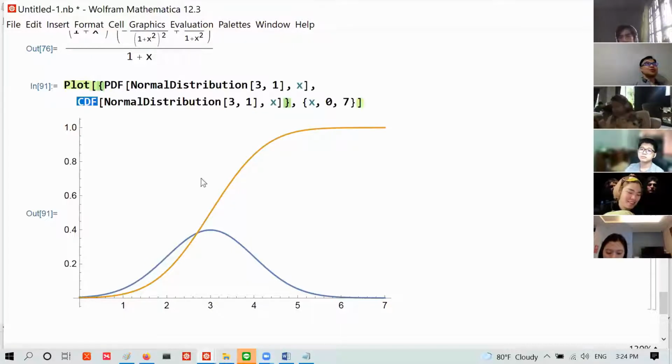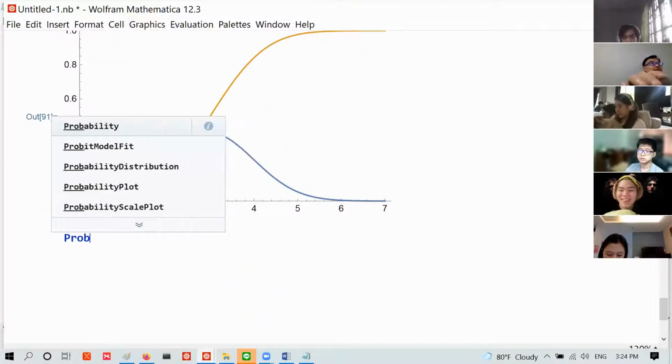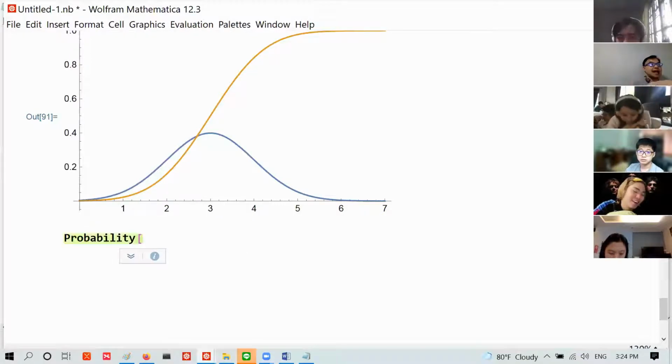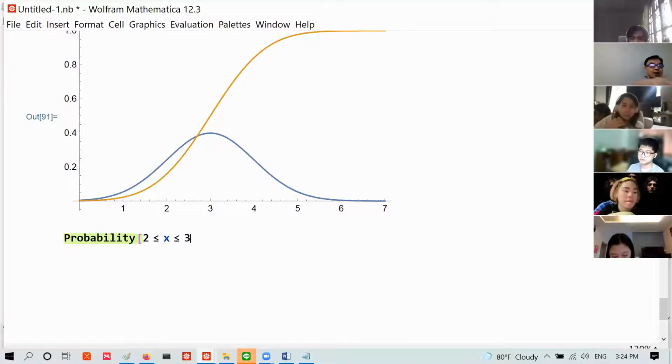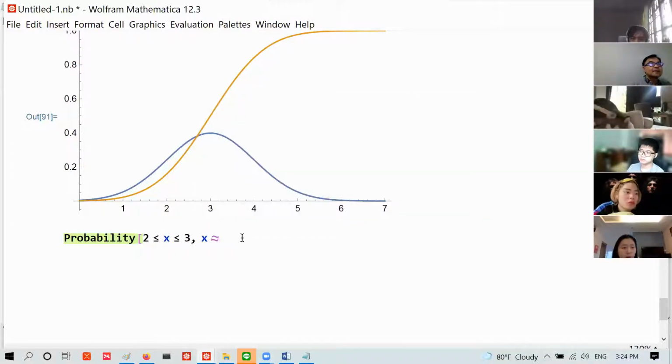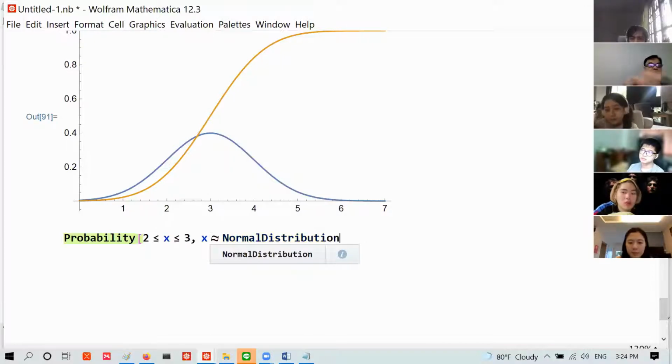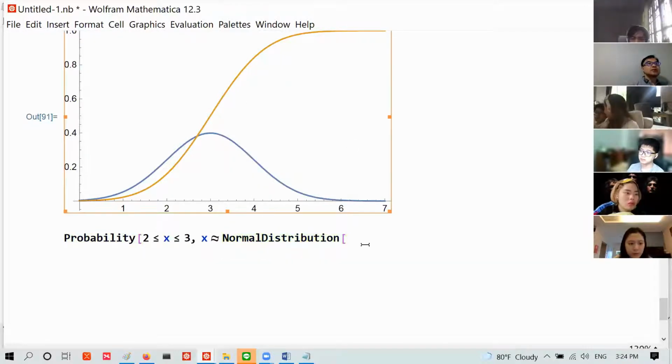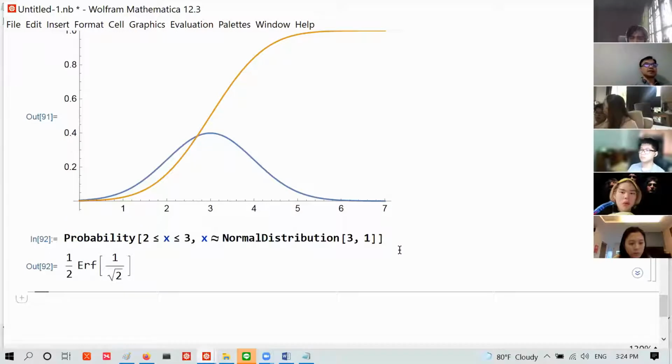Now, you want to know what's the probability that x is between 2 and 3, where x is normally distributed.